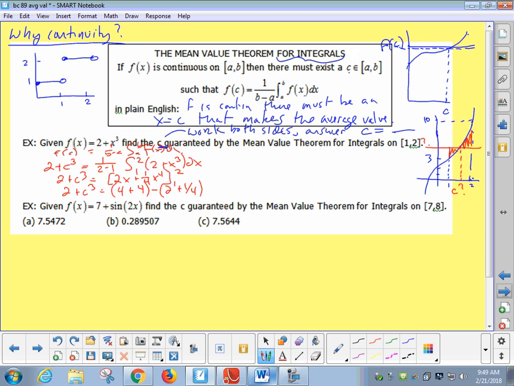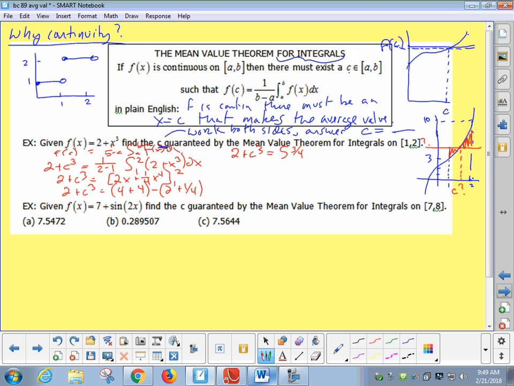So I'm looking at something like 8 minus 2, or 6 minus a 4th. So 2 plus c cubed equals 6 minus a 4th, or 5 3/4.